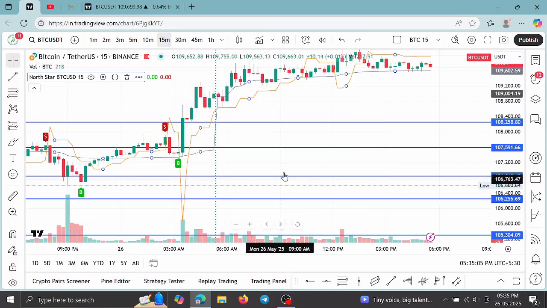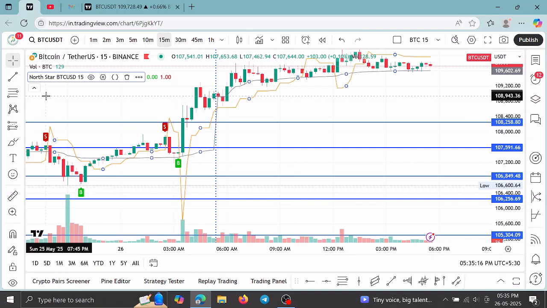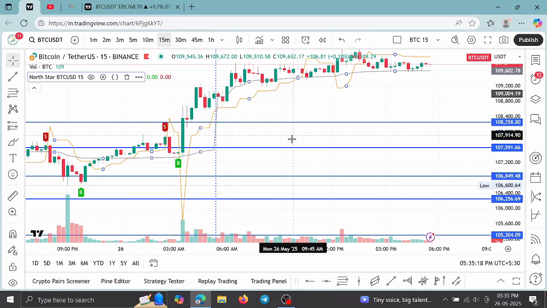Okay, so once you have applied it, what you need to do is just wait for the signals, and as per the signals you trade accordingly. And one thing I would like to mention here is that I tried to get the longer swings in a 15 minutes chart.